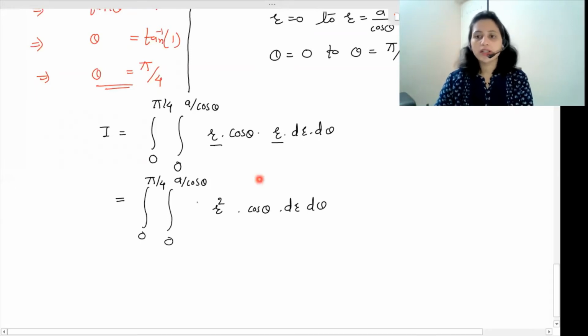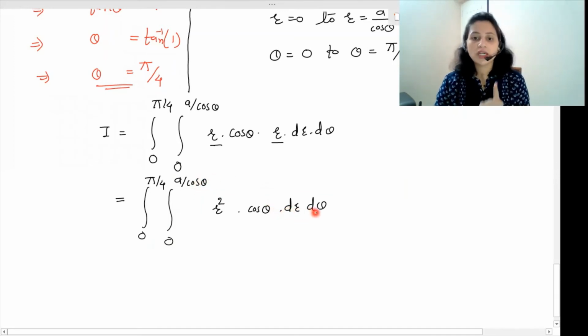Now we have to integrate this, and as per the rule, we first observe the limits of the inner integral. Here the limits of the inner integral are 0 to a by cos theta, which are in terms of theta. So we have to integrate first with respect to r, and at the same time keep theta as a constant.